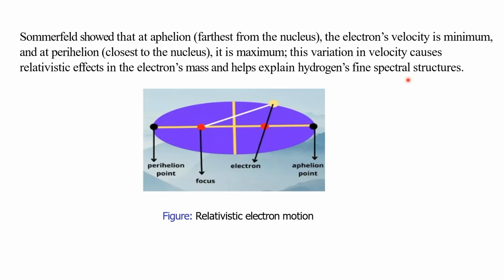So, this is the aphelion position, your farthest from the nucleus, and this is your focus, and this is your perihelion region, closest to the focus. When it is closest to the focus and when it is at the aphelion point, farthest from the nucleus, you get two different relativistic masses of the electron, and this helps us explain the hydrogen's fine line spectra.